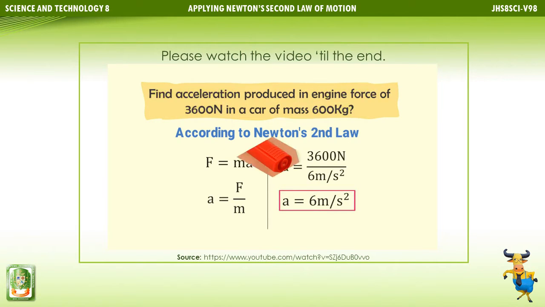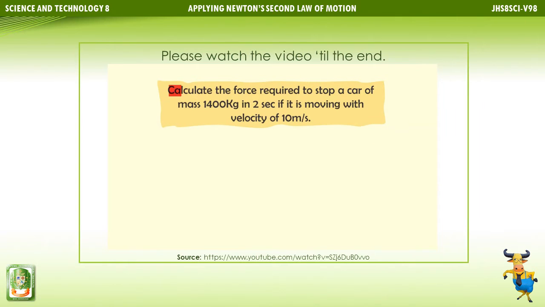The third problem is: calculate the force required to stop a car of mass 1400 kg in 2 seconds if it is moving with velocity of 10 meter per second. Now again I will highlight the given data. Firstly, calculate the force F and highlight it. Secondly, to stop a car means that final velocity Vf of the car will be 0.